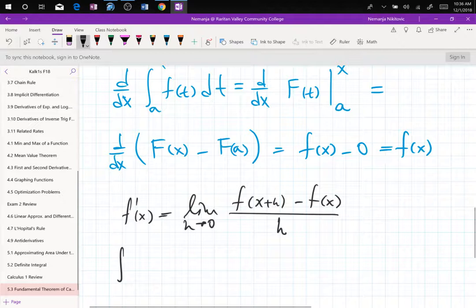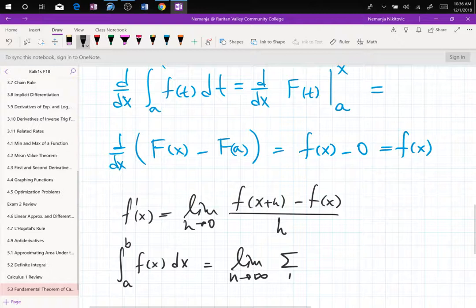And we have the Riemann integral from a to b of f of x dx, which was the limit as n goes to infinity of the summation from 1 to n of f of ci delta x.